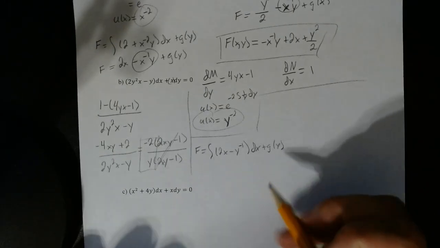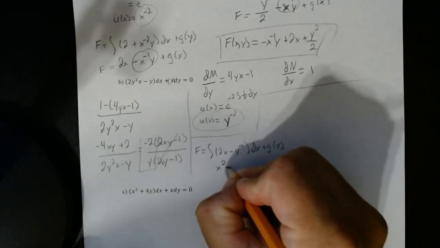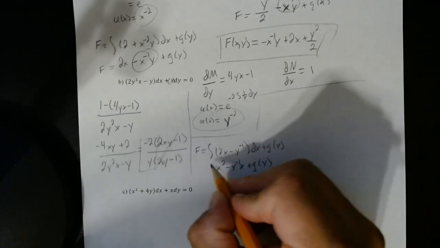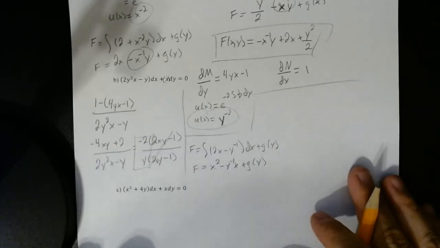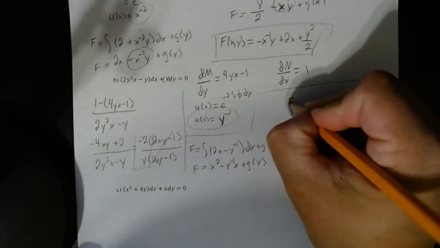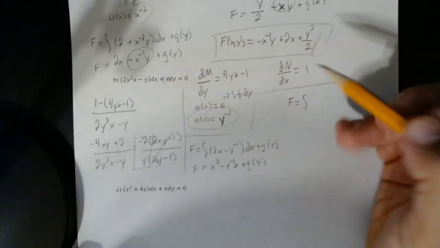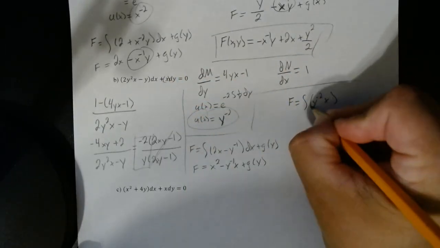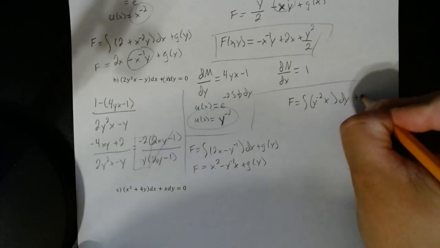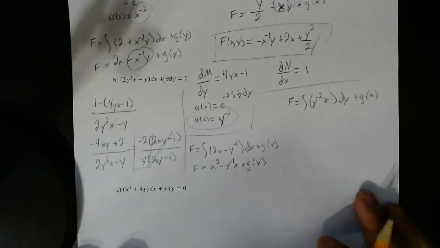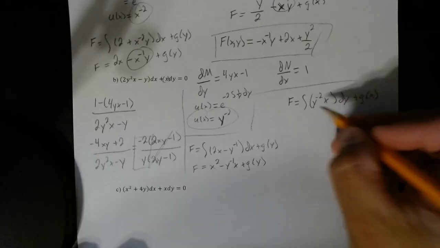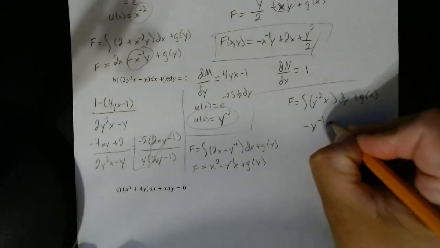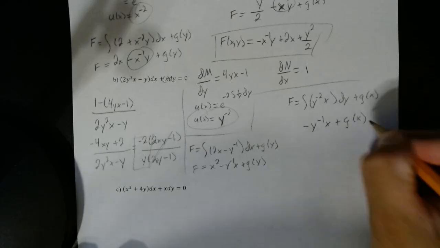So integrating with respect to x gives me x squared minus y to the negative 1 x. And now doing the same thing for the other side. So that's nice, it's just going to be y to the negative 2 x. Integrating with respect to y, so add 1, so we get negative y to the negative 1 power x plus the g of x function.